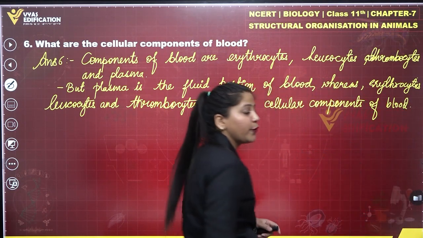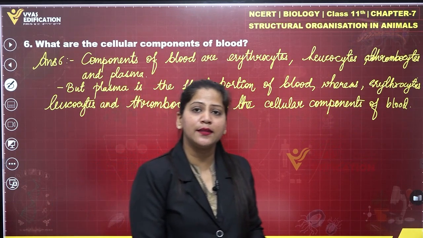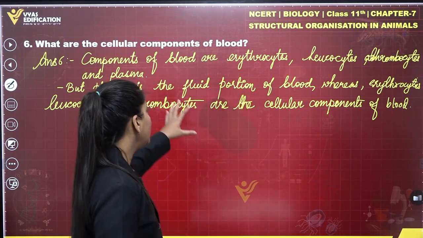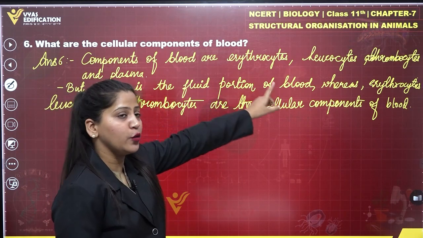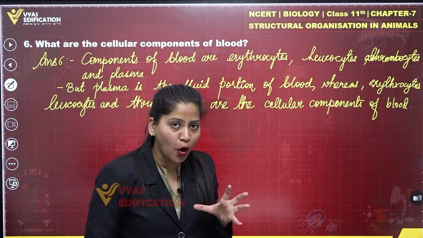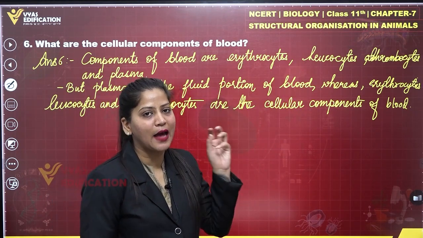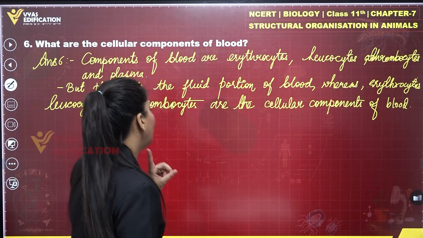Among all these four, erythrocytes, leukocytes and thrombocytes are the cellular components of blood, whereas plasma is the fluid portion of blood, right?